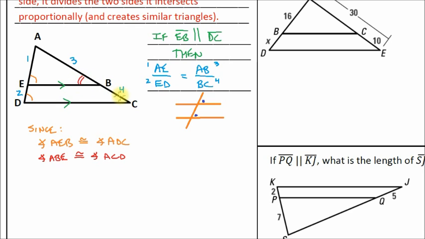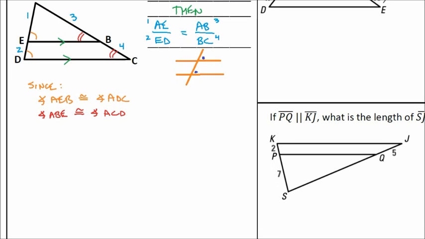Same thing. These two angles right here are corresponding angles. And now if you look at that, we have a triangle on top, triangle AEB, the smaller triangle, and the bigger triangle ADC. Those two triangles now we have just proven are similar.